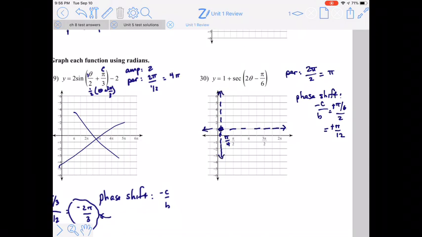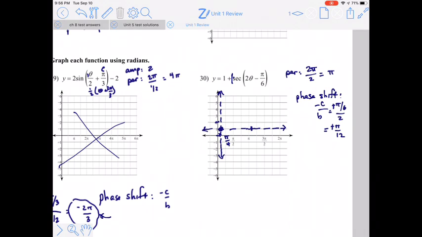That axis has been shifted to the right, pi 12ths of a unit, and up 1 unit. Now, the amplitude, if there was amplitude, secant doesn't have an amplitude, but cosine does. The amplitude would be 1. So I know it's going to go up 1 unit to 2 and down 1 unit to 0. And the period was pi. And since I started just barely to the right of 0, and if I'm going to go over pi units, I'm going to end just barely to the right of pi.